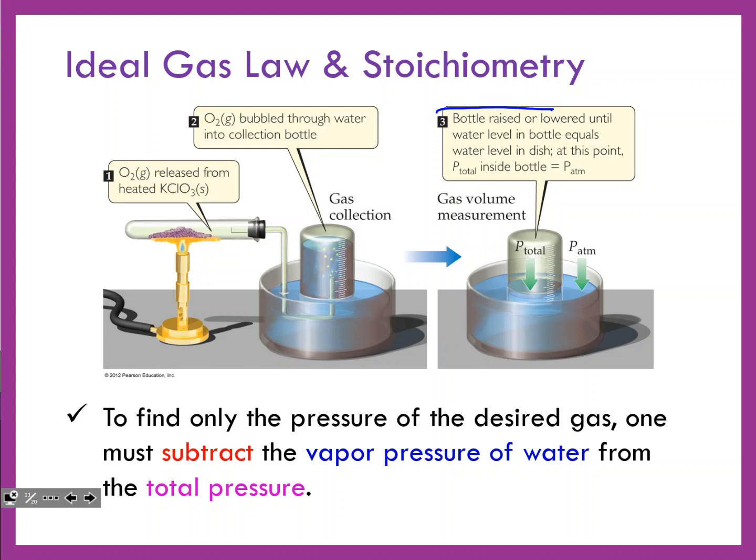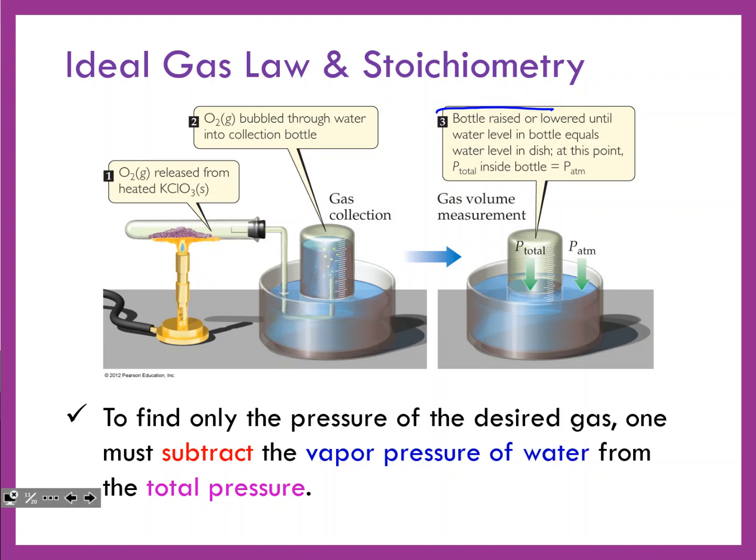As shown in this example, they're decomposing potassium perchlorate and collecting the oxygen gas inside here. What you do is line up the gas level with the water level. You make sure that the gas line and the water line are equal, because then the pressure inside the container is going to be equal to atmospheric pressure.